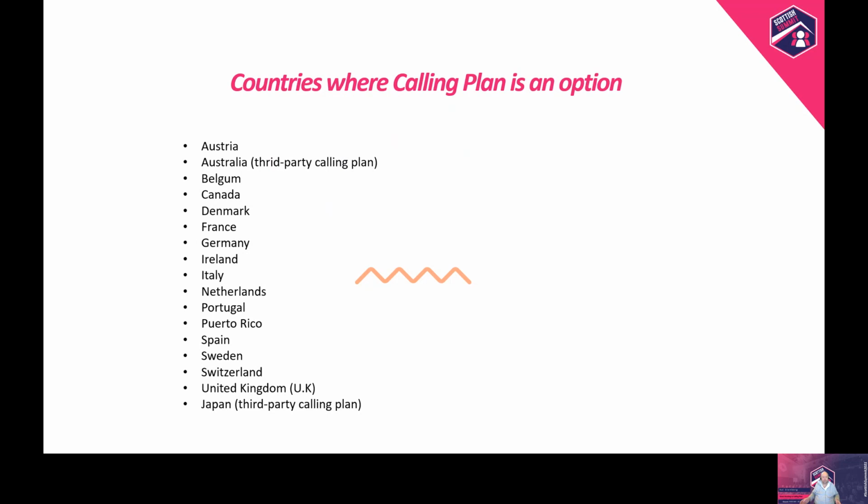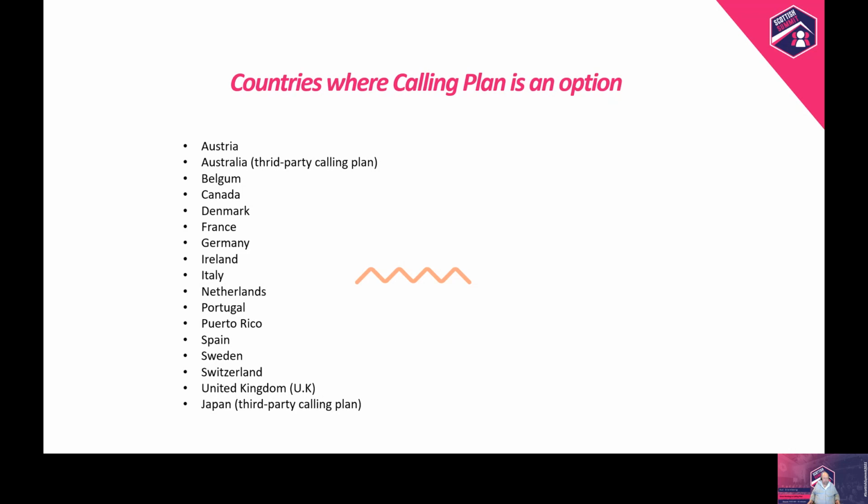As I mentioned, calling plan is only available in 17 countries. In Australia and Japan, you have third parties, which means that it isn't Microsoft that is delivering calling plan, as is in Austria, Belgium, Canada, Denmark, France, Germany, Ireland, Italy, Netherlands, Portugal, Puerto Rico, Spain, Sweden, Switzerland, and the UK.